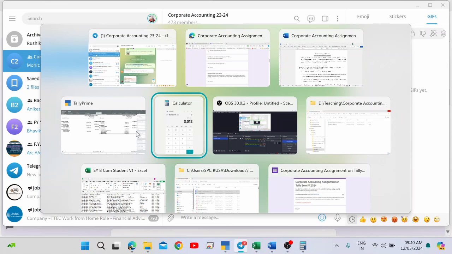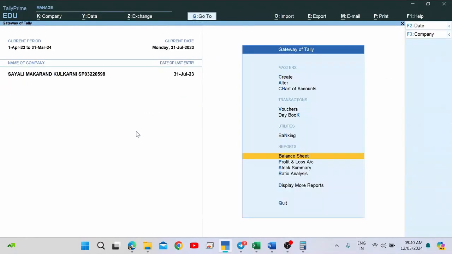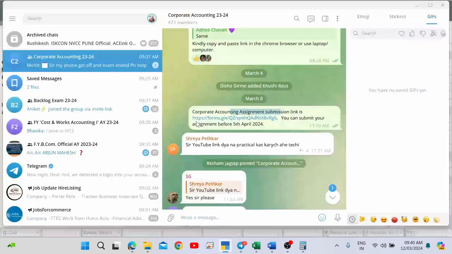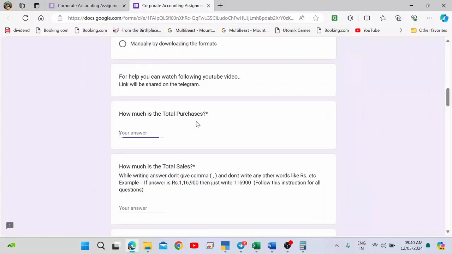You will get how much is the total purchases. The total purchases now in the tally we'll get in the profit and loss. Correct. Total purchase amount is 1,12,725. So many figures you require. You can just type it. Don't copy.